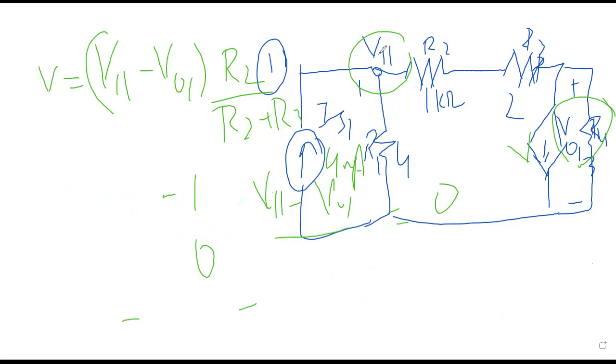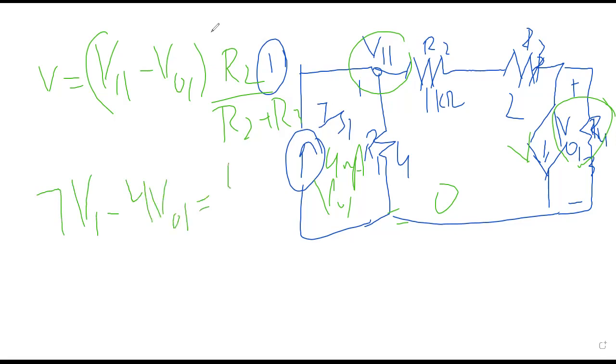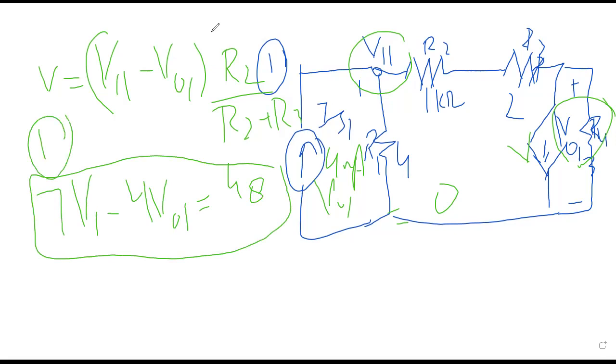After rearranging, 7V11 minus 4V01 equals 48. This is basically for node number 1. What the node 1 is, this is node 1 and this is node 3. So 7V11 minus 4V01 equals 48.